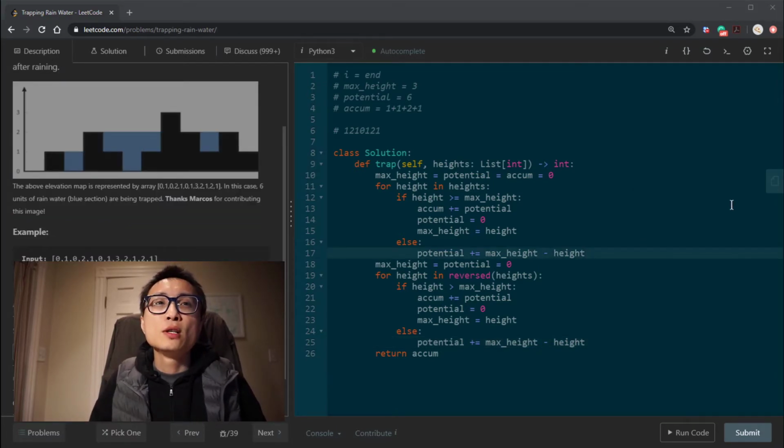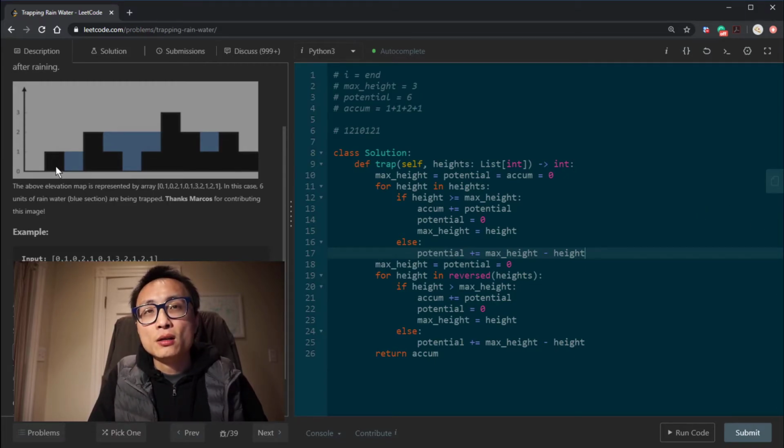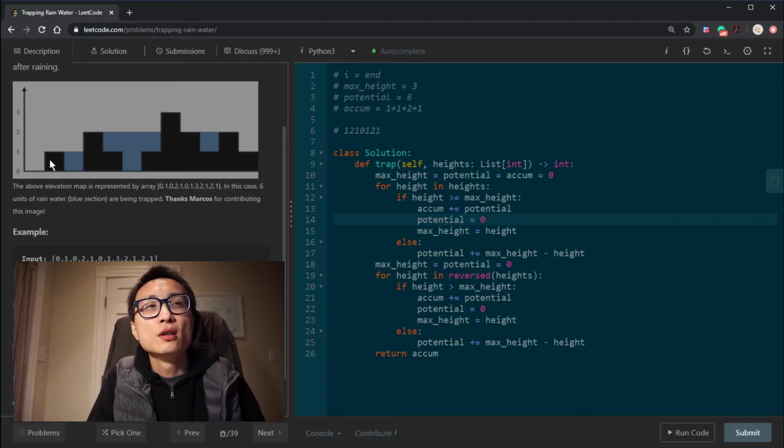The problem with this solution is that we are trying to update this potential, and we have to wait until later in the iteration, when we find a location that's actually higher than the current maximum. Once we see that, we can move the amount of water in the potential onto the accumulator.